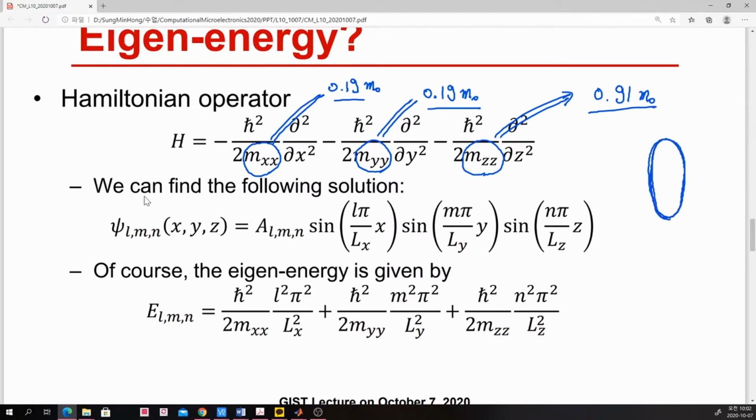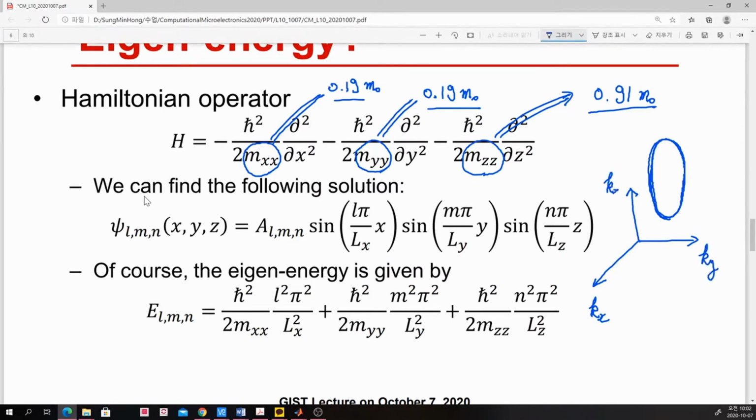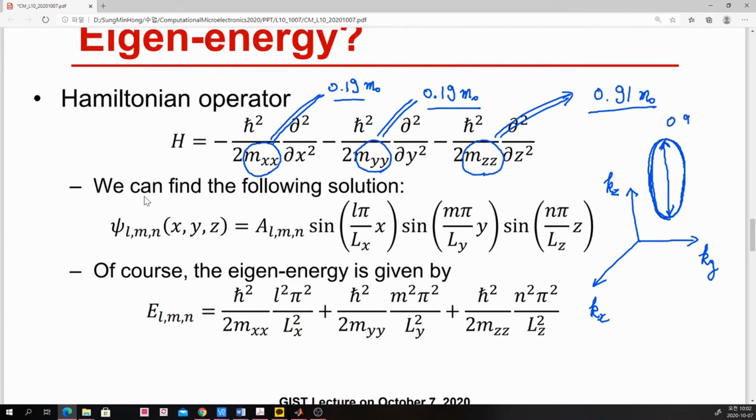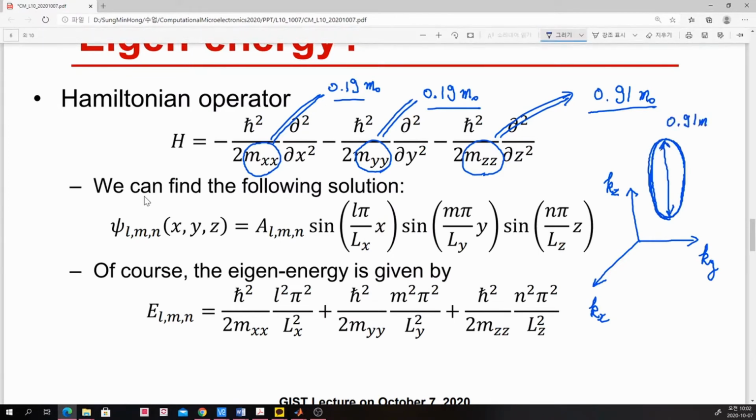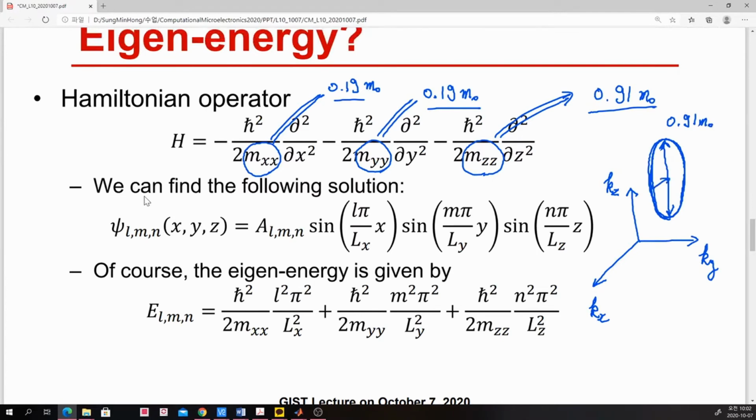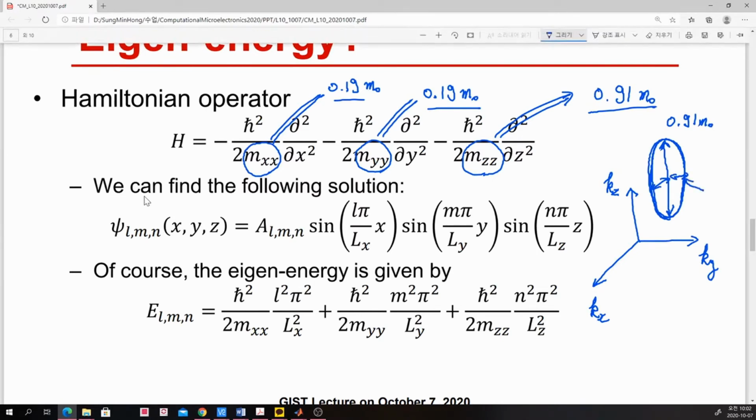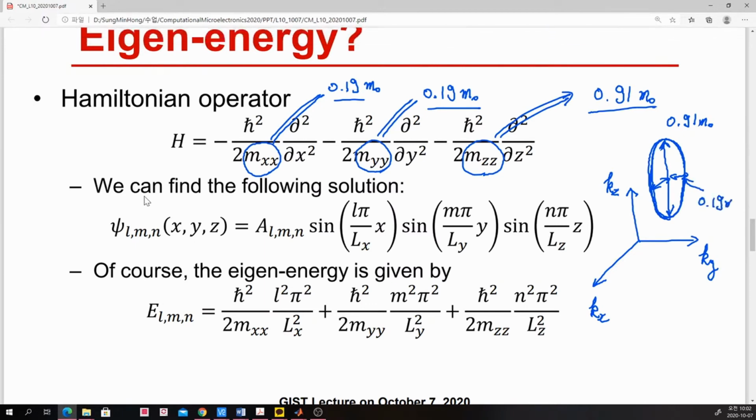Here the axes are kx, ky, and kz. Then it has a long direction, corresponding to the heavy mass, and two other short directions corresponding to the light mass.